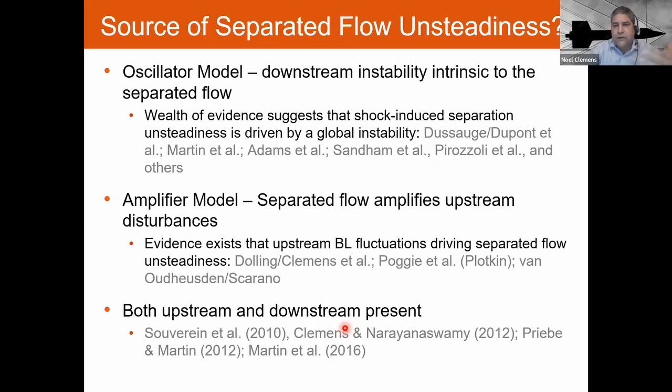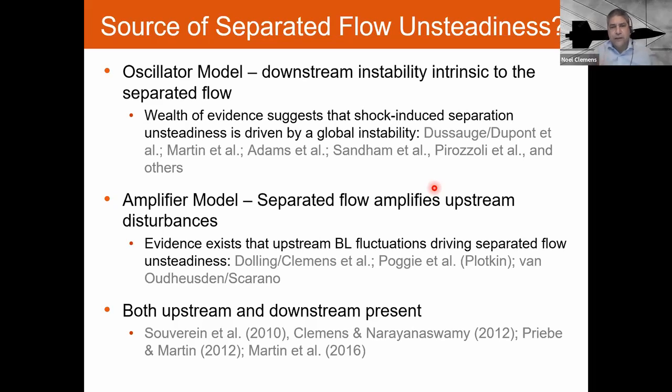And so groups at Marseille, Pino Martin at Maryland, Adams's group, Sandham's at Southampton, Pirozzoli, and many others. There have been dozens of papers in the last few years on this topic, and they do indicate that the interaction has an instability, and that it doesn't seem to depend on upstream fluctuations.